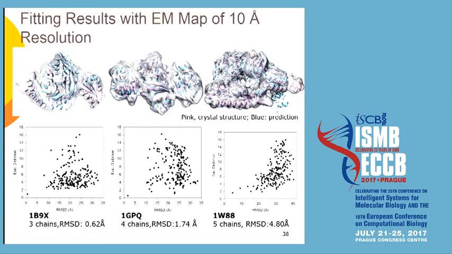In EM-LZerD, this is the result of fitting to the simulated EM map at 10 angstrom resolution. There are 3 examples shown here. The X-axis is the RMSD of the model. The Y-axis is the similarity between the surface of the model and the EM map.